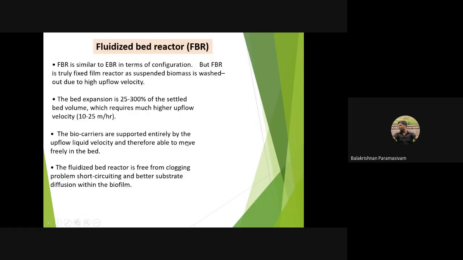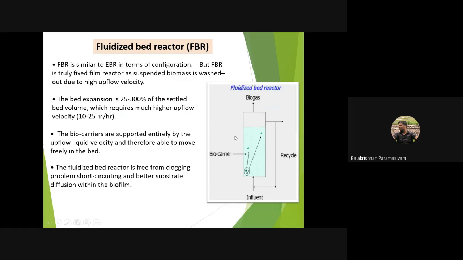Then the fluidized bed reactor. This is also the same kind of reactor. Here it is a packed media. Packed media will be there, and we will be providing influent, and it will enhance. So it is similar to UASB, but right now we are not using any FBR reactor for industrial operation.